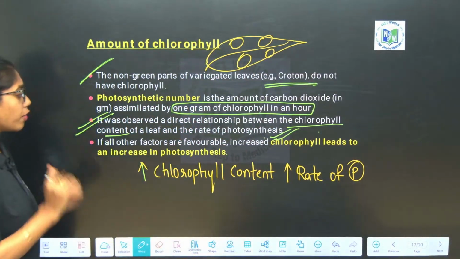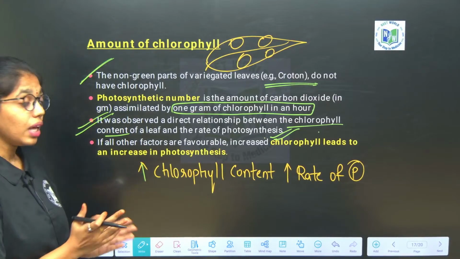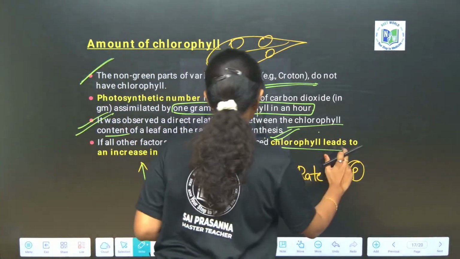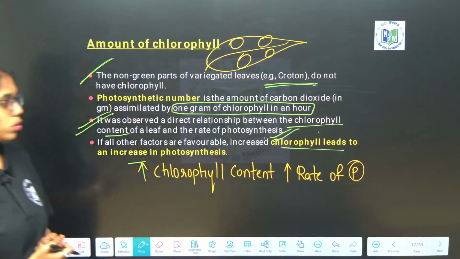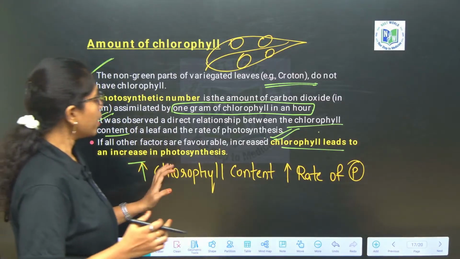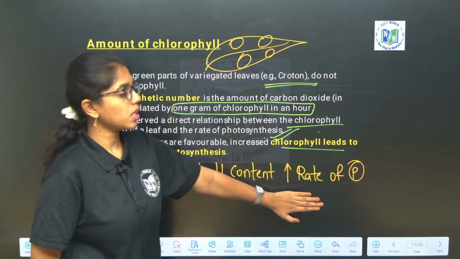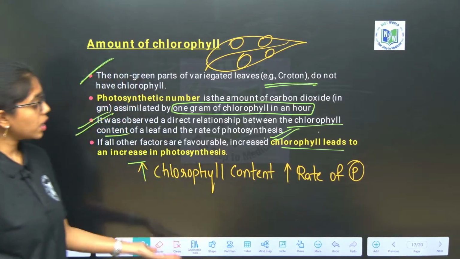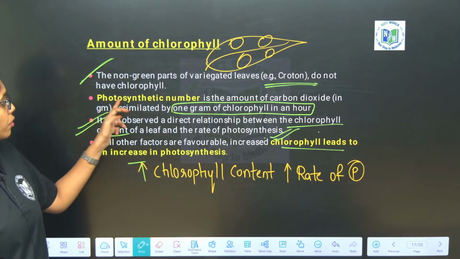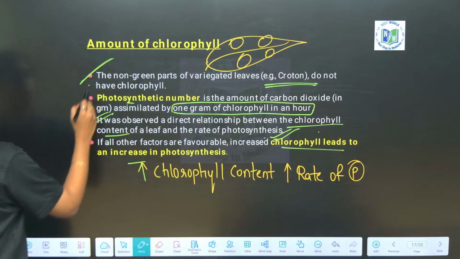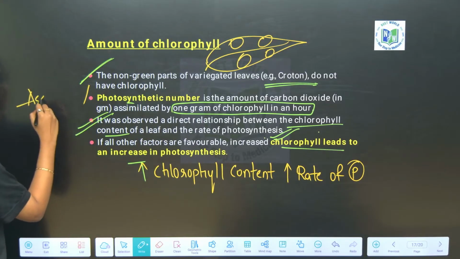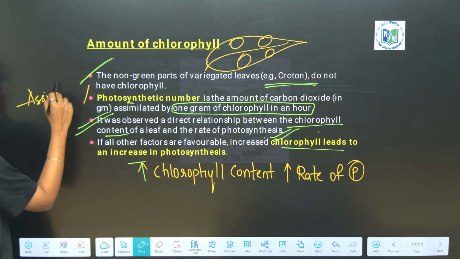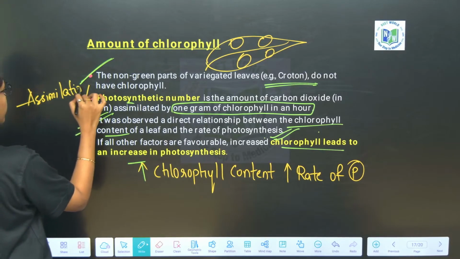And if all other factors are favorable, increased chlorophyll leads to what? Increase in photosynthesis, okay. So, here increase in chlorophyll content increases the rate of photosynthesis, and increases the photosynthetic number. Photosynthetic number is also called assimilation rate.